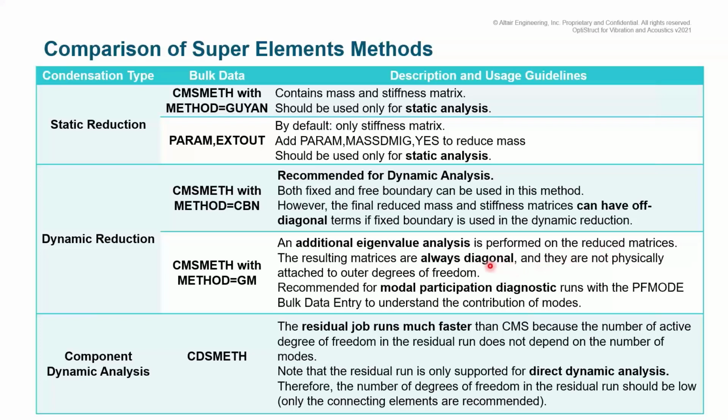The matrix is always diagonal. So that's why it's recommended for modal participation analysis. And using CDS, the residual run can be finished faster than the CMS, but it's only supported for the direct method. So many users use this method to perform DOE analysis where we have many samples.